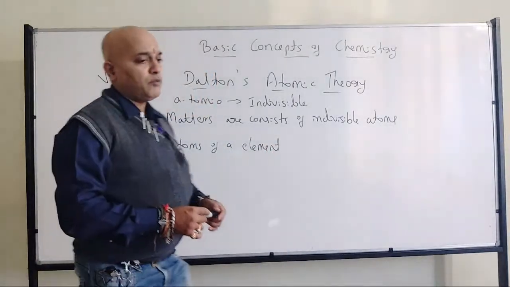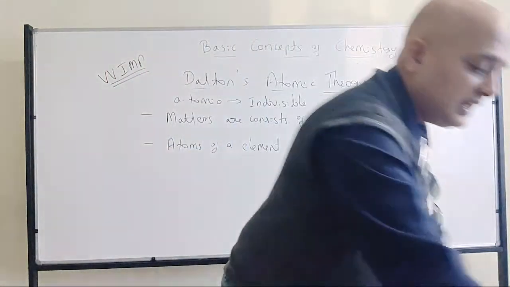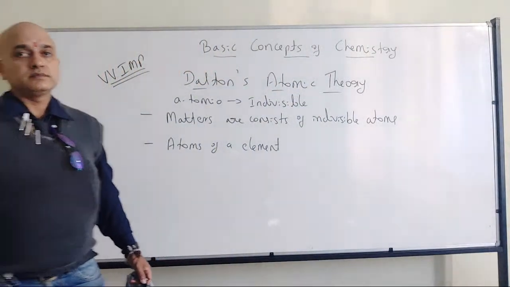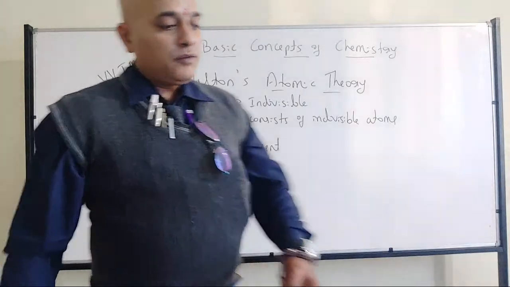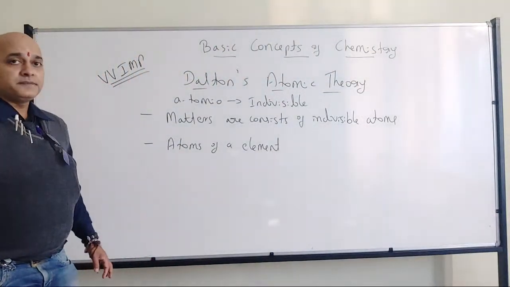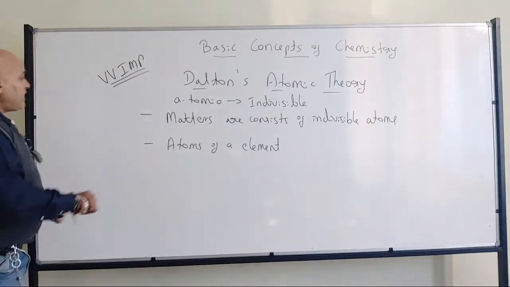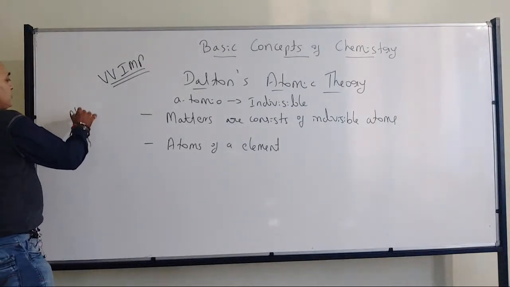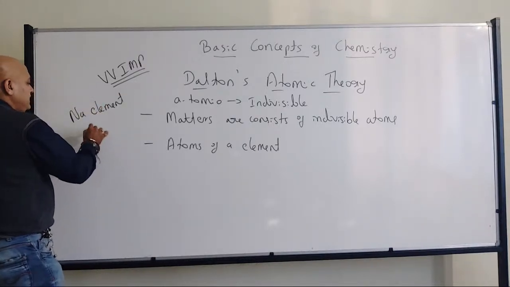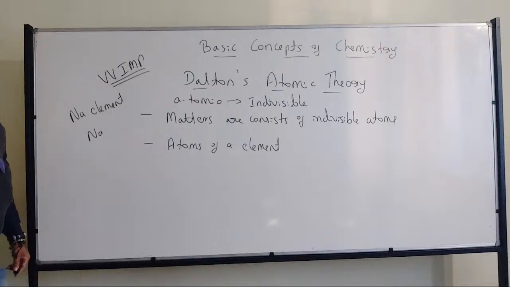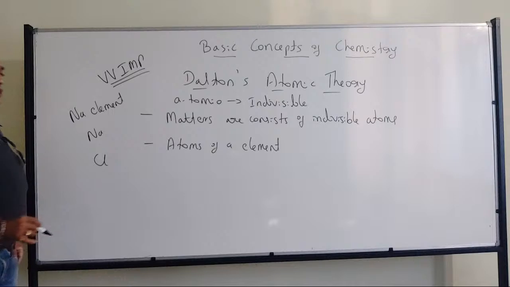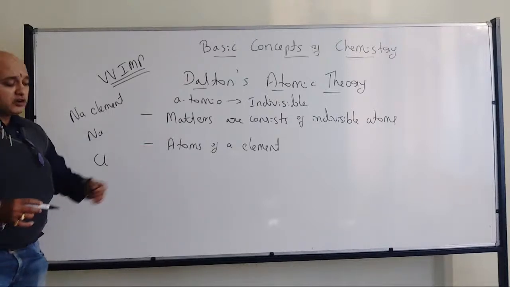You should tell me what you mean by atoms of an element. That means if I am talking about sodium as an element, then the atom should be sodium. If I am talking about chlorine as an element, then the atom should be chlorine. So that's what it talks about.